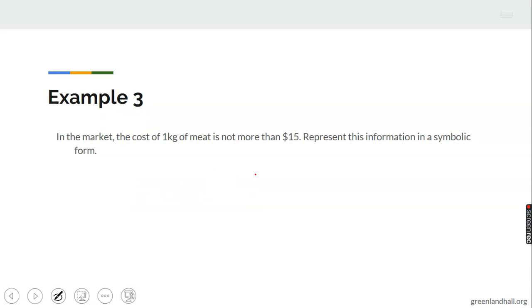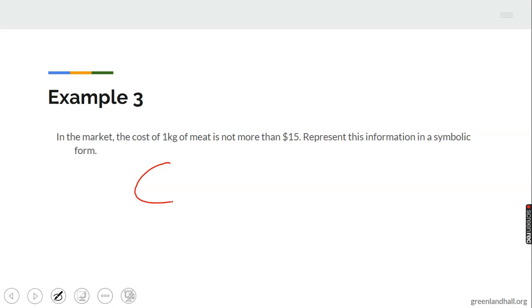Okay? Now, another example says, in the market, the cost of 1 kg of meat is not more than $15. Represent this information in a symbolic form. Now, let the cost of 1 kg of meat be C. Is not more than, that is, it cannot exceed $15.